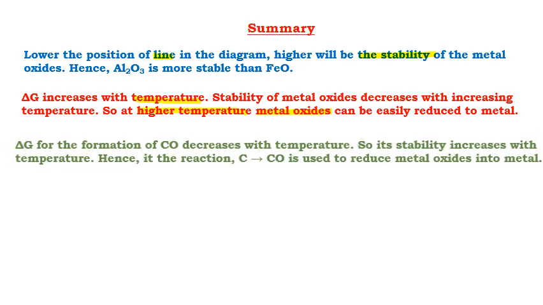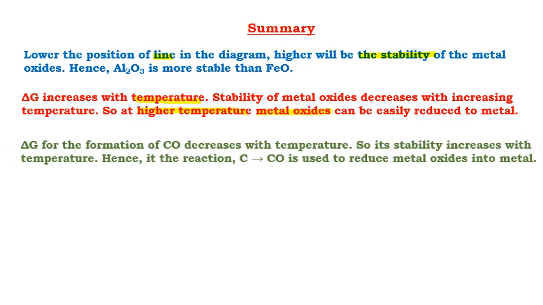Right, and delta G for the formation of carbon monoxide decreases with temperature, meaning the reaction of carbon to carbon monoxide is used to reduce the metal oxide into metal, because it has a more negative delta G value.